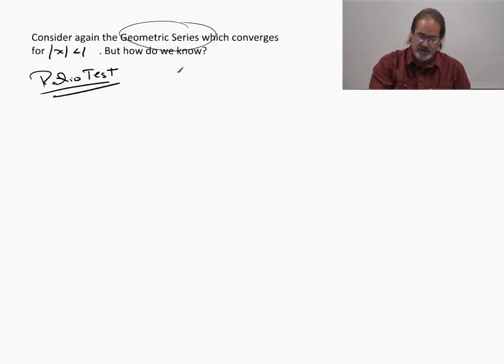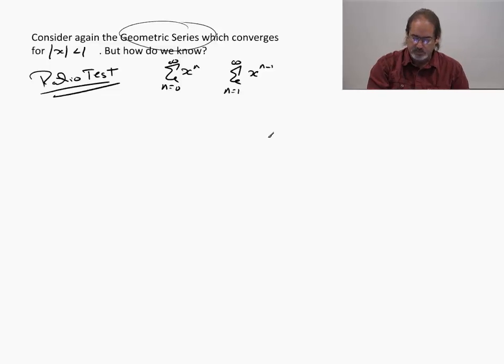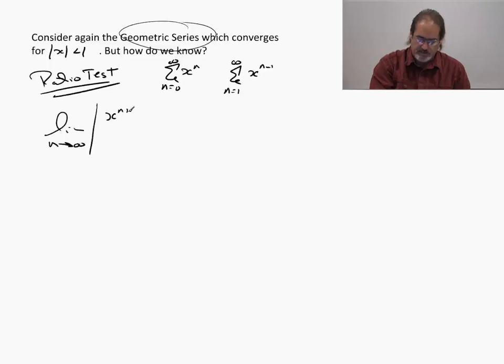So I have the sum, n equals 0 to infinity of x to the n, which, by the way, is equivalent to saying the sum, n equals 1 to infinity of x to the n minus 1. Those are identical. So I want to take a look at the limit as n goes to infinity of the absolute value of x to the n plus 1 over x to the n. I'm using that form.